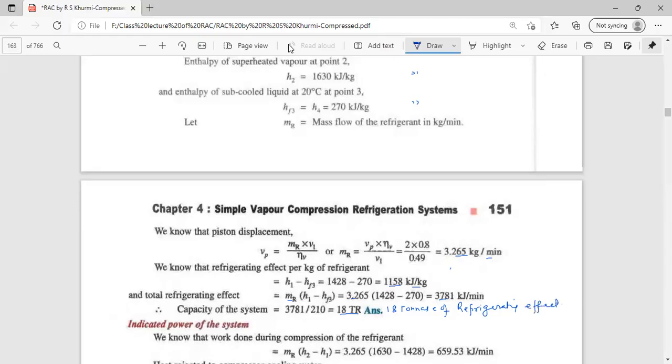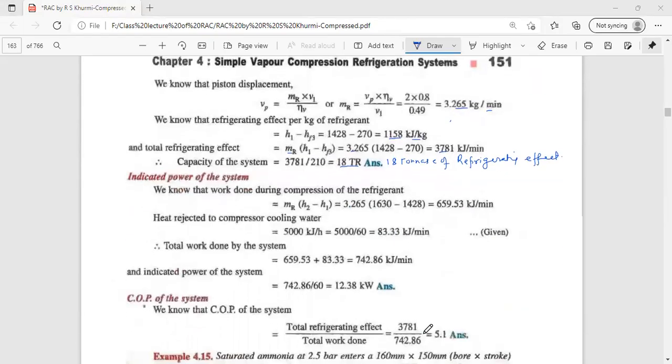Okay, next let us go to the indicated power of the system. Now let us go for the indicated power of the system itself.